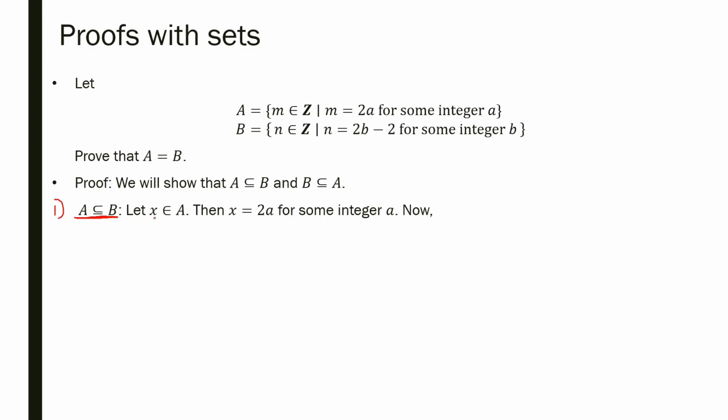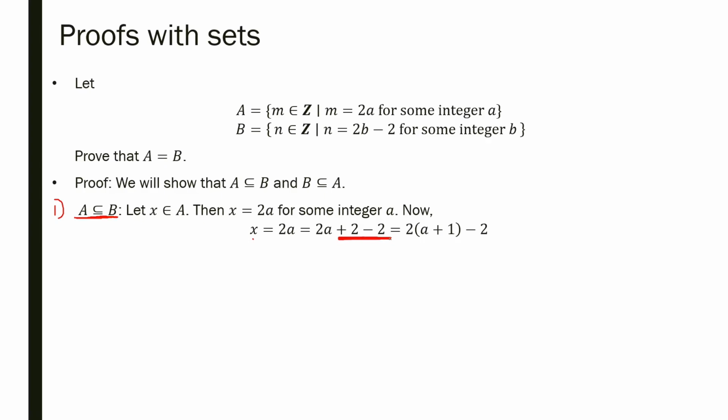That means that x is equal to 2a for some integer a, right? So x is just 2 times something. Now, x is equal to 2a, and 2a is equal to 2a plus 2 minus 2, right? All I did was add 2 and subtract 2.